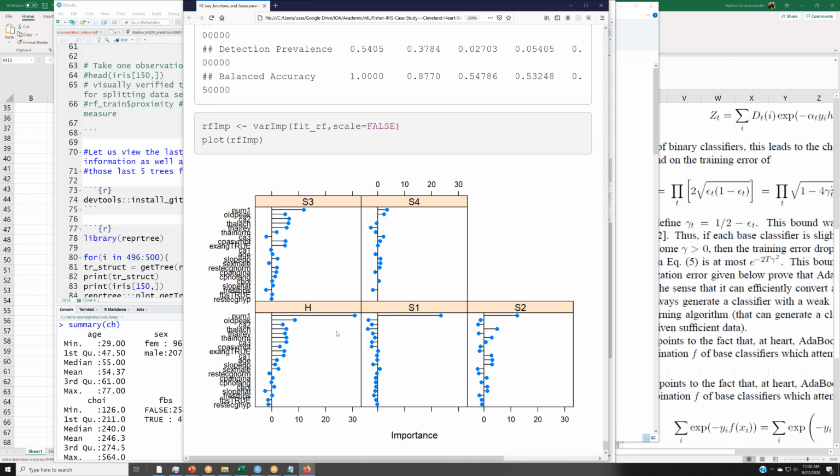But it is also becoming important for the H category, which is the normal one. It is important for S3 and S2, which are different levels of criticality of the heart situation. So the variable importance prints out for every class. That's my point.